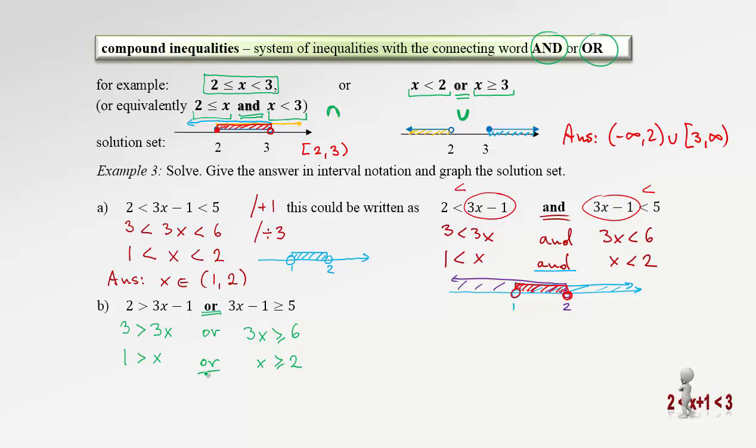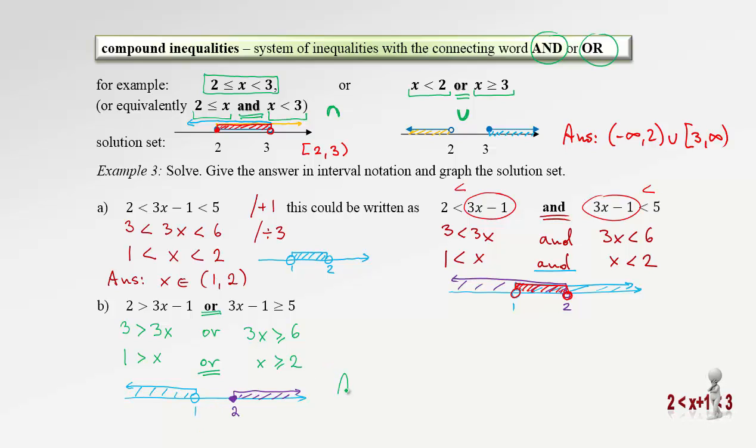Connecting word is or. So let's draw it on the number line. x is smaller than 1. They are going this way. And x's that are bigger equal than 2 start with 2 and go to the right. That's a purple set.